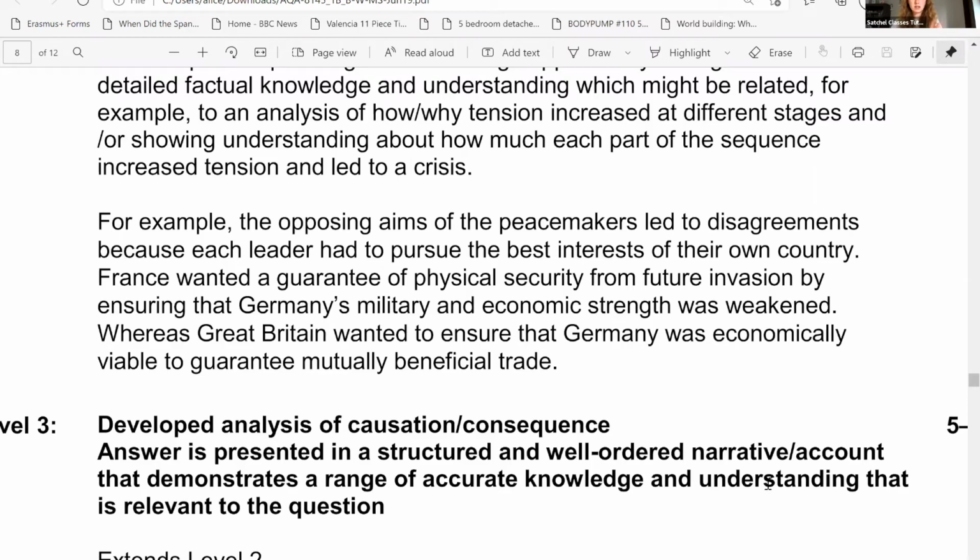So your introduction is giving the context. It's saying this is the situation at the time, and then your 2 explained points are this is how this happened and this is how this happened. Okay, really quite straightforward, but it's important obviously that you know your stuff and you're able to make those links.